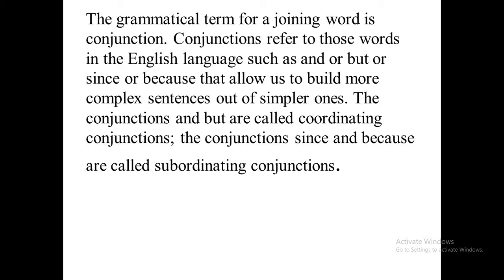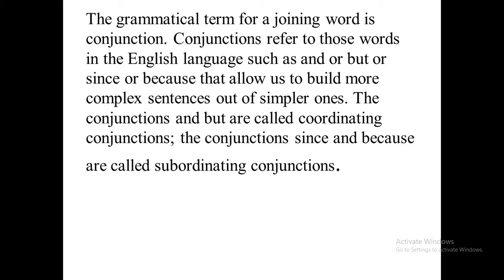Conjunctions refer to those words in the English language such as and, or, but, since, or because that allow us to build more complex sentences out of simpler ones. The conjunctions and and but are called coordinating conjunctions. Dear students, we have discussed all these things earlier in our lecture.